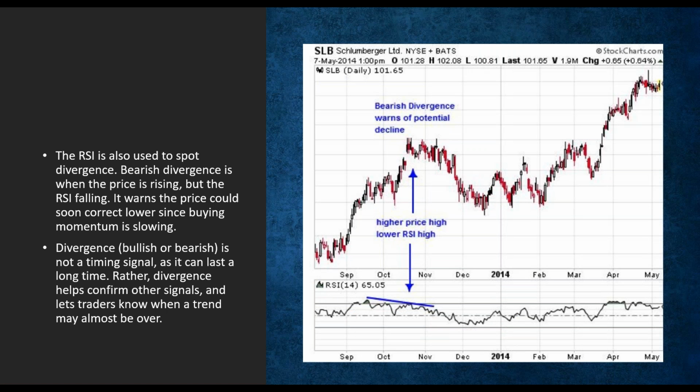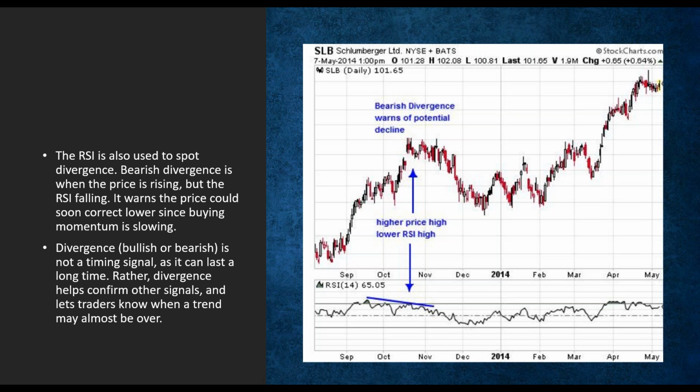Now, RSI is also used to spot divergence. We've talked about divergence a couple of times already. Bearish divergence is when the price is rising, but RSI is falling. It warns that the price could soon correct lower since buying momentum is slowing. Divergence is not a timing signal, as it can last a long time.